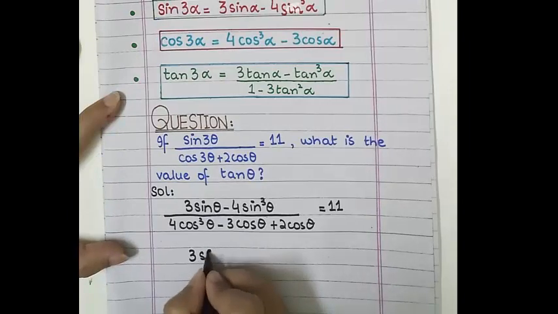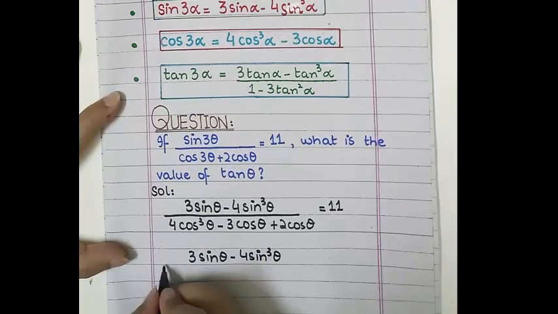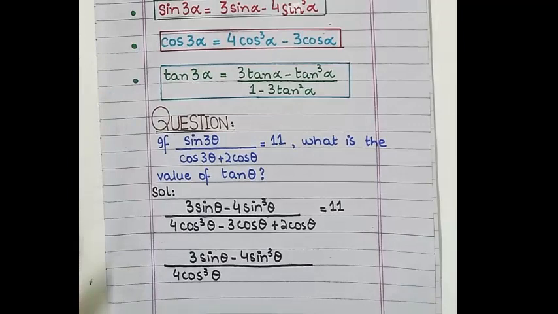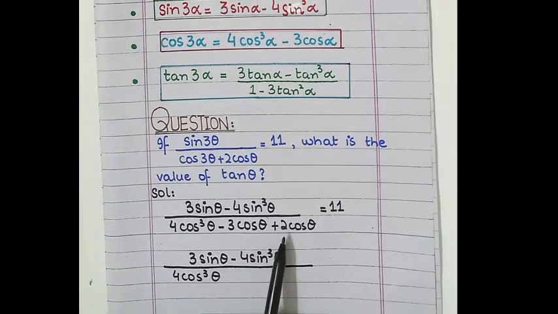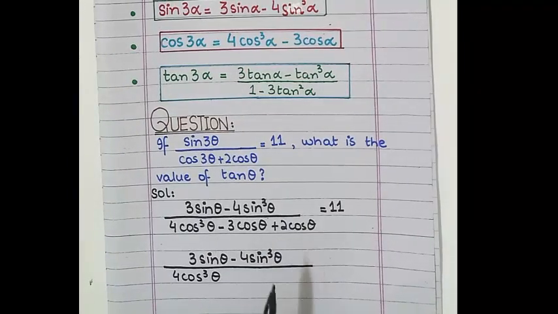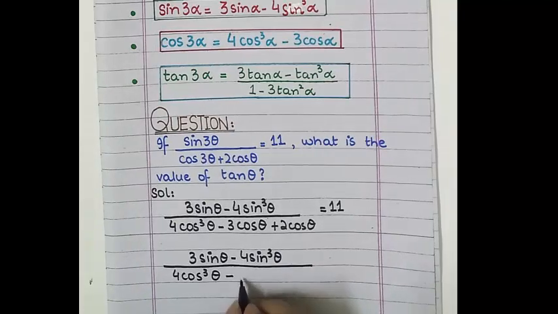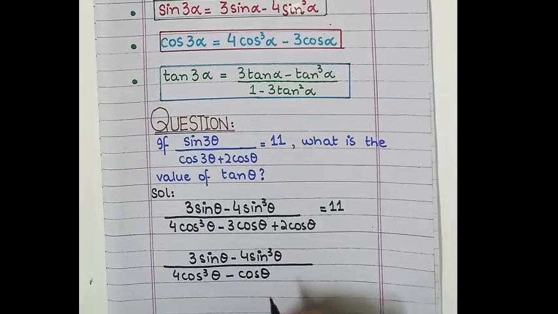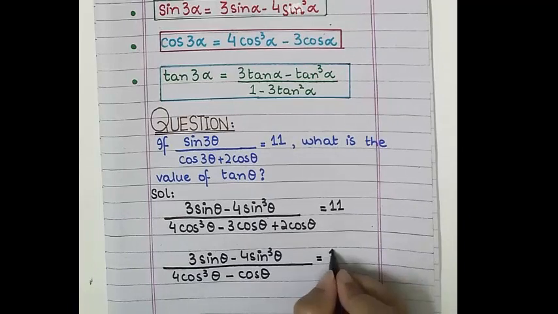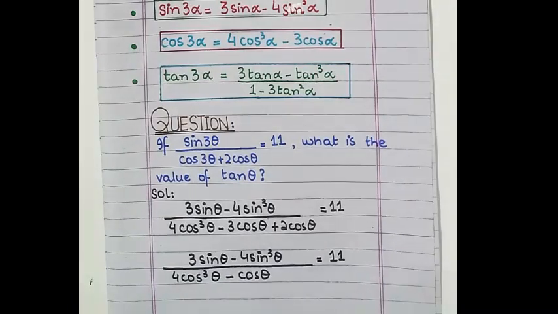Writing the numerator as it is, here we have minus 3 plus 2 cos theta, which is equal to minus cos theta. It is equal to 11.